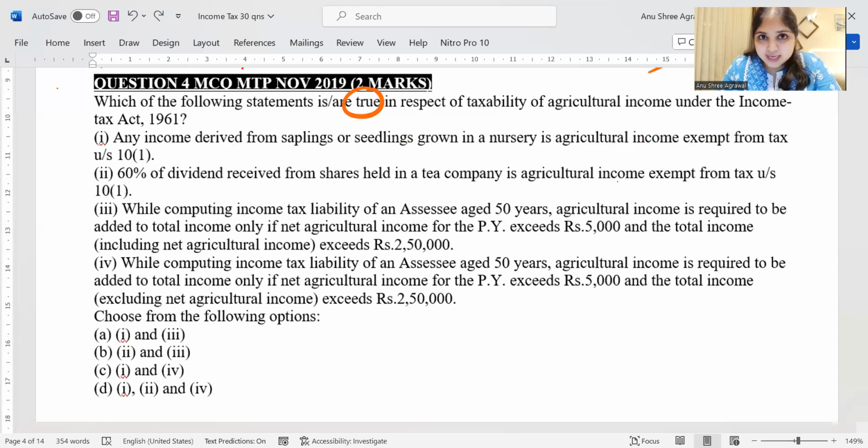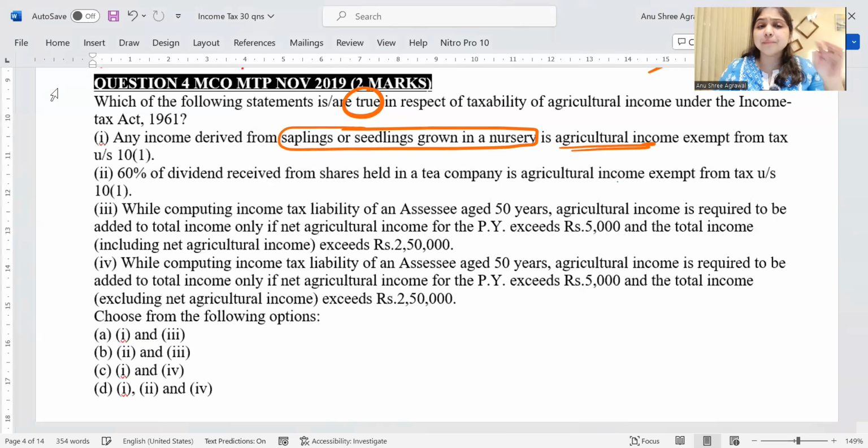Do you agree? Yes, seedlings and saplings grown in a nursery. As soon as you see seedlings and saplings grown in a nursery, you will immediately say it is an agricultural income. Whether basic operations, subsequent operations carried on, not carried on, doesn't even matter. Seedlings or saplings grown in a nursery, you will say it is agricultural income, hence it is exempt under 10(1). So which means, do you agree it can't be option B? Yes, it has to be either option A, C or D.